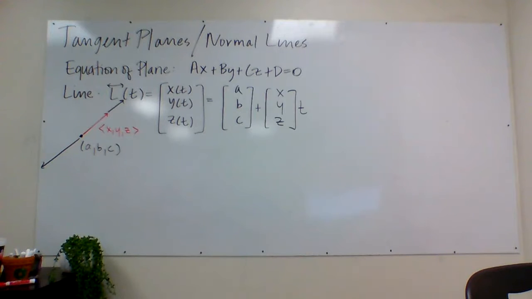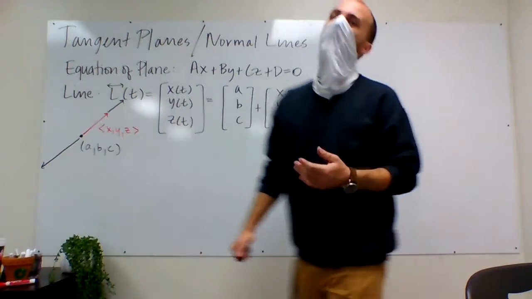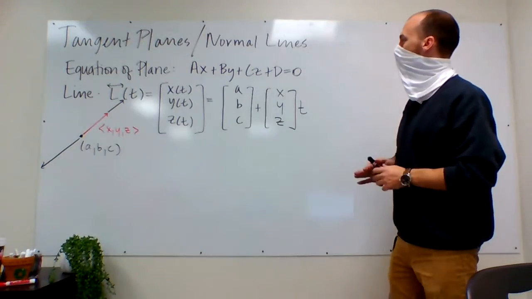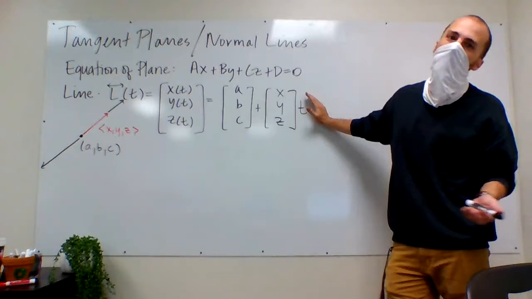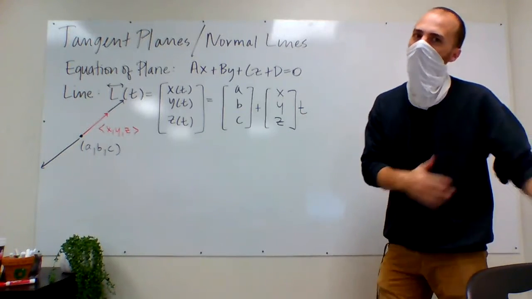This is something we did a lot in linear algebra. This is mainly for anybody that didn't take linear algebra, how to write the equation of a line, and just reminding you that the line is going to have time in it, and it's going to have 3 separate equations, pretty much.